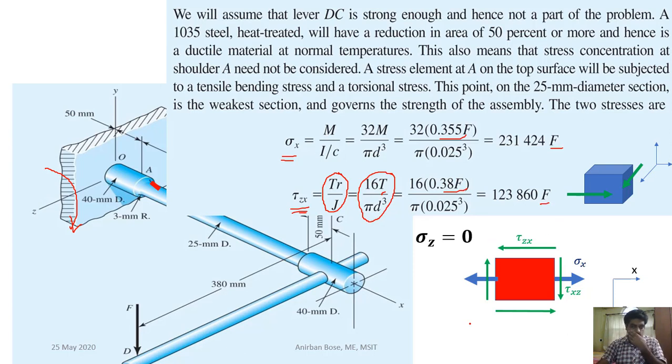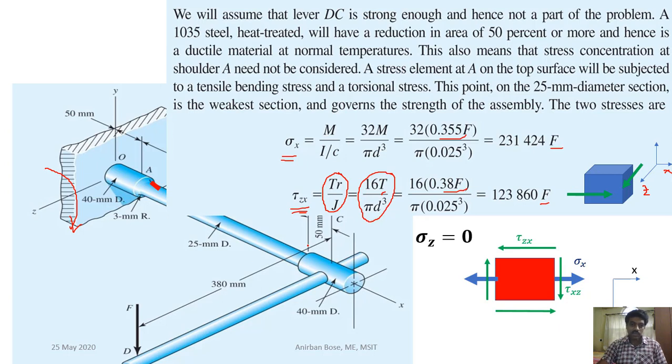The directions you will understand clearly. Here you can see, if you see the element from this side, where this is the z axis, this is the x axis, that means this particular upper plane is basically the zx plane, and on this plane, what kind of shear?